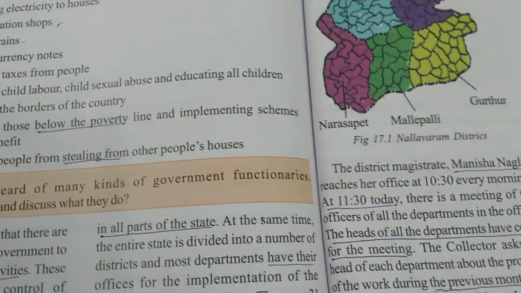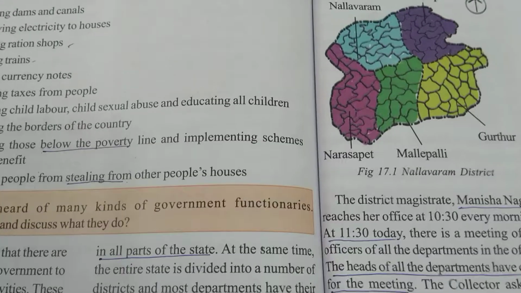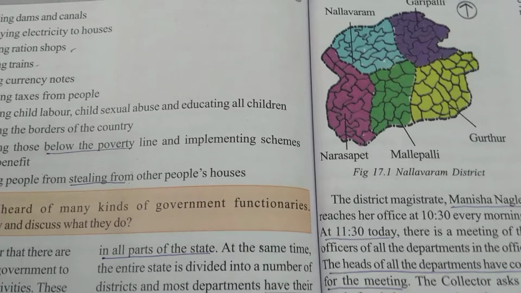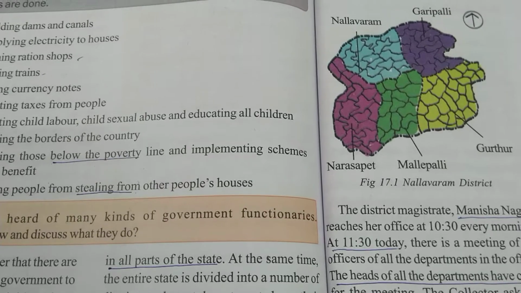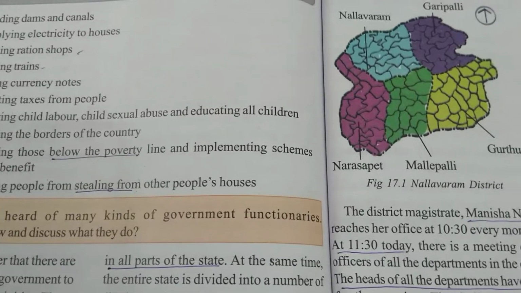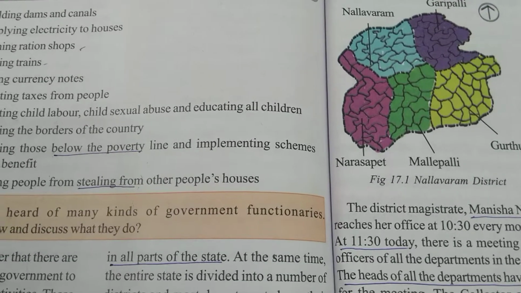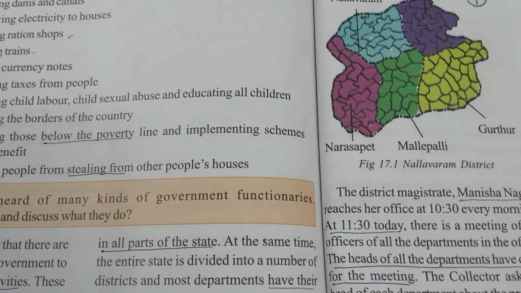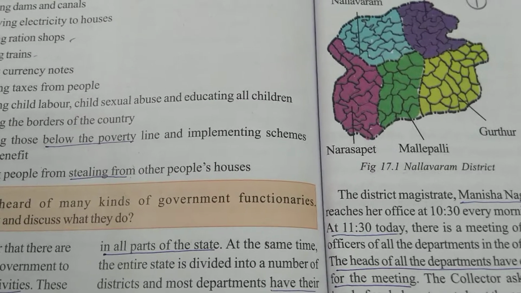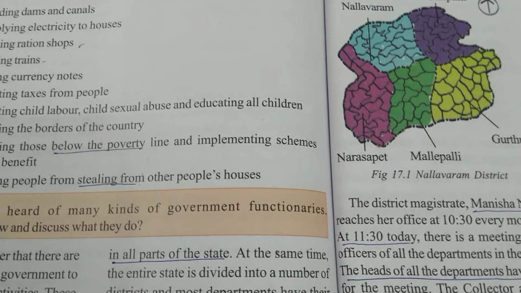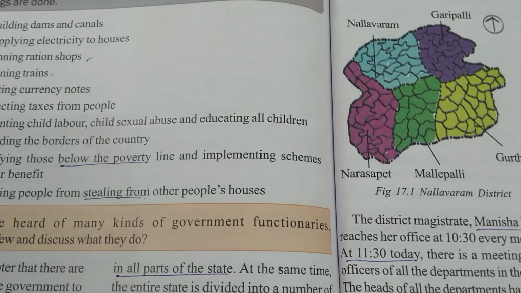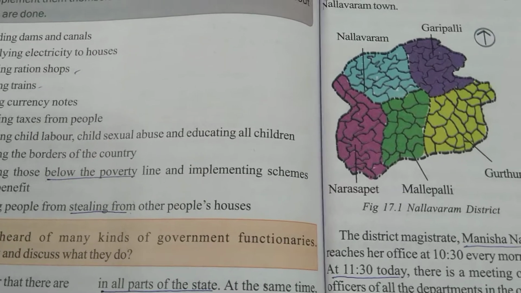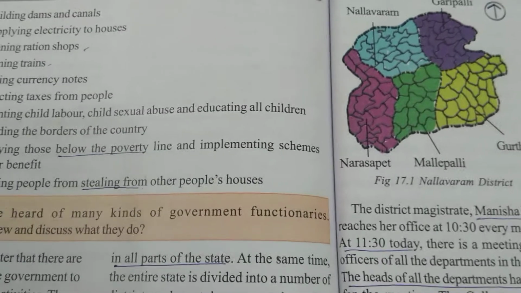In every mandal, every district headquarters and state headquarters, different officials are appointed to do all these activities. Those appointed in Hyderabad, the state capital, will implement in all parts of the state.